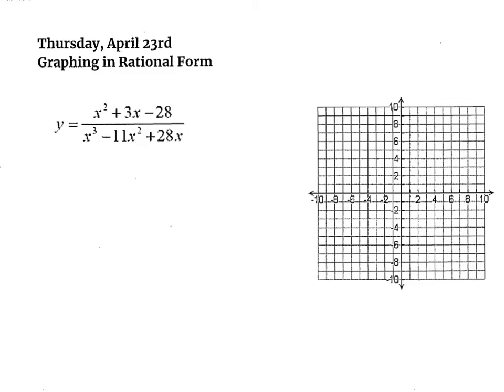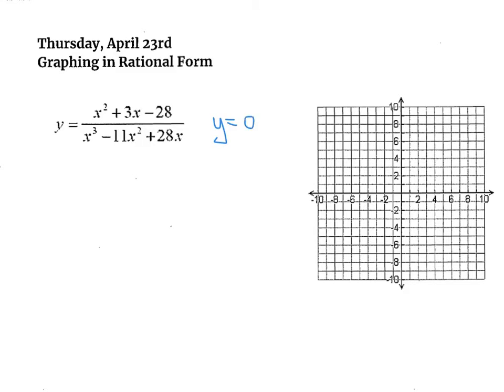We're going to start with our horizontal asymptote. That's because the horizontal asymptote, remember from back on Tuesday, is from the degree of the numerator compared to the degree of the denominator. When the degree of the numerator is less than the degree of the denominator, we get a horizontal asymptote of y equals 0.